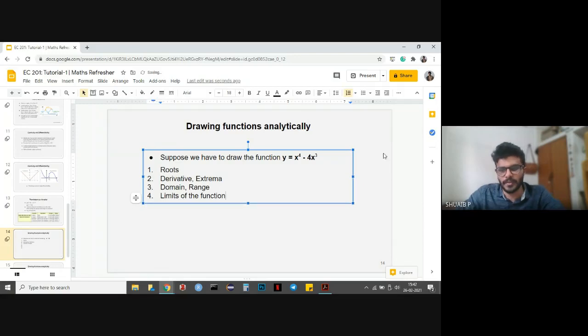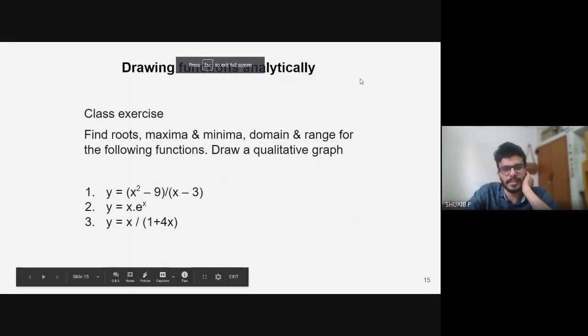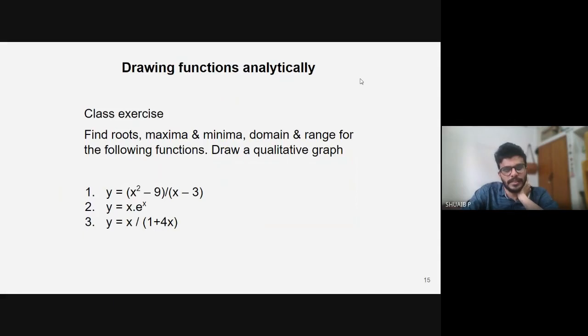So I think now we can take a break and people can work out this function and see whether they can plot these functions qualitatively, and maybe we can come back after some time and see how the functions look.